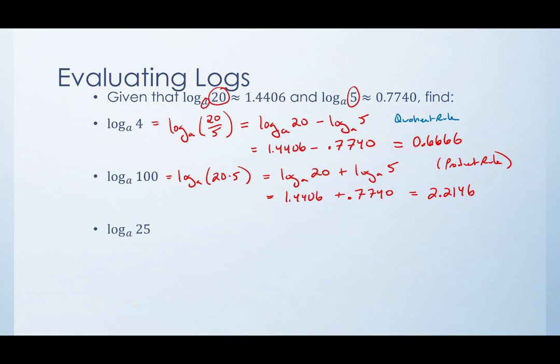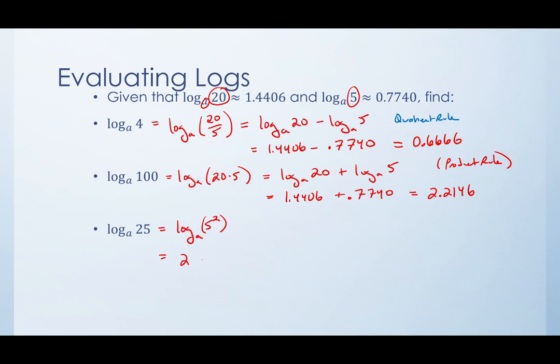Okay. So what about log base A of 25? Can we get to 25 from 20 and 5? Well, we can add them, but that doesn't help us because there are no log rules to use with the log of a sum. But you know what? 25 is 5 squared, right?